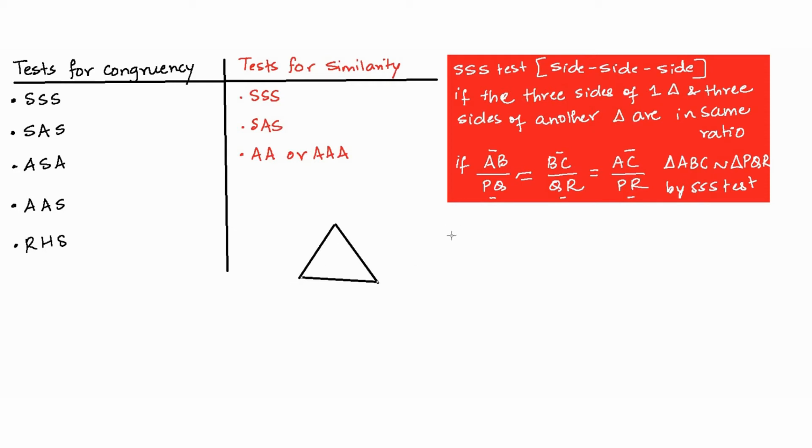Let's assume we have these triangles, and let's take some hypothetical measurements, say 2, 3 and 4, and these measurements are 4, 8 and 6. Now let's be very careful here. So we have triangle ABC and PQR.